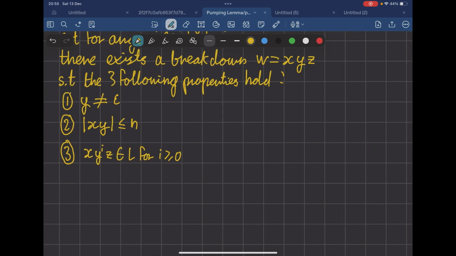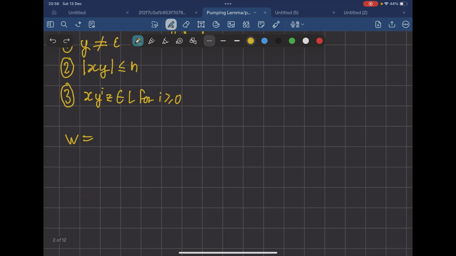As before, when you're picking a string, think about the second property. If we set the first n characters of the string to be a single character, then x and y will only be able to contain that character. And by extension, y will have to have that character. So if we pump it up or down, we'll only be removing or adding that character.